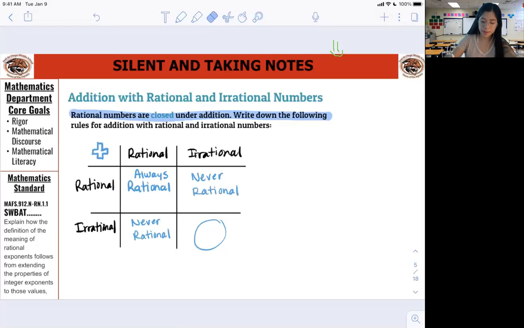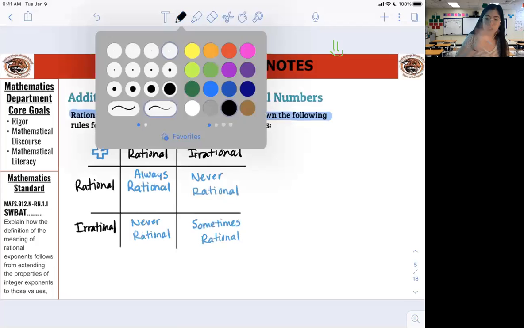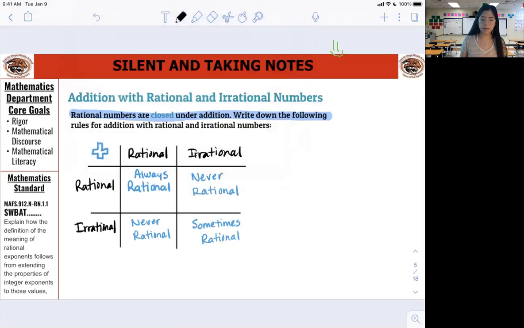So sometimes, every so often, it's rational. So go ahead and write these 4 distinctions down, make that little chart. And this is going to be a very, very helpful way to organize and to remember which scenario gives you which result. So go ahead and just write that down.